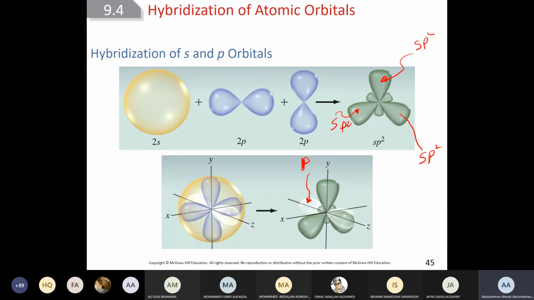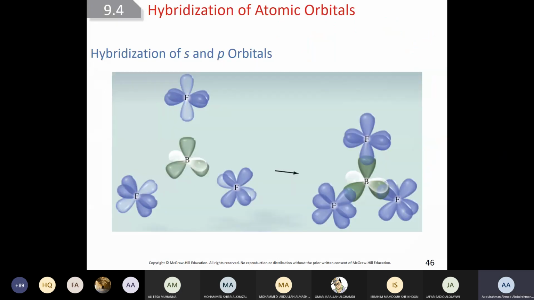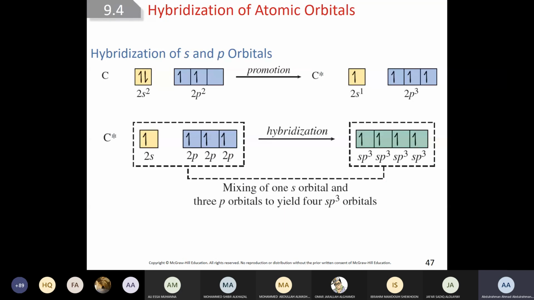See, the white thing is the p orbital, which is empty. Is this clear? That's what the theory says. Good. And then they will interact with the fluorine like this. What type of bond if we have it head to head? Sigma. It's all sigma, sigma, and sigma. Don't forget this. Very good.